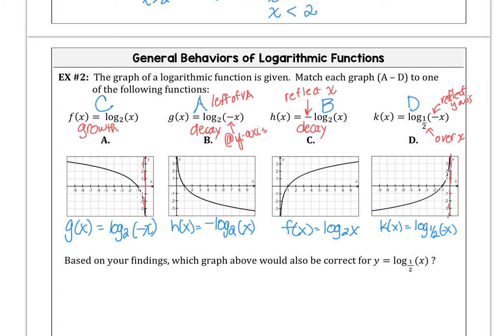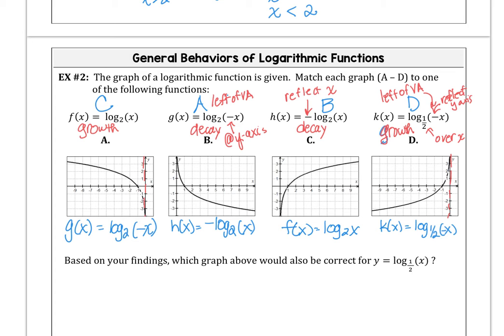So it's going to reflect once to make it decay and reflect again to make it a growth. So we're back to being a growth function, and the only growth function left is graph D. And it would also be on the left side of the vertical asymptote based on this negative here.